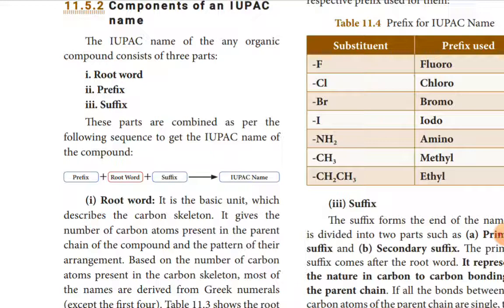Keep the classwork right and neat, in a proper manner, and prepare how to write the IUPAC name based on the carbon skeleton, based on the substituent, based on the carbon to carbon bonding. Learn thoroughly, don't waste time.